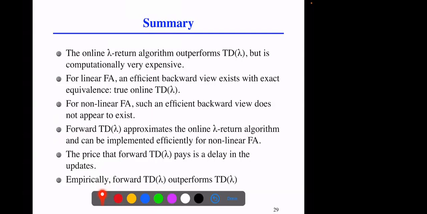However, forward TD lambda approximates the online lambda return algorithm and can be implemented efficiently for nonlinear function approximation. The price is that there is a delay in the updates, but empirically, that doesn't seem to hurt performance very much, because what we see is that forward TD lambda outperforms TD lambda.